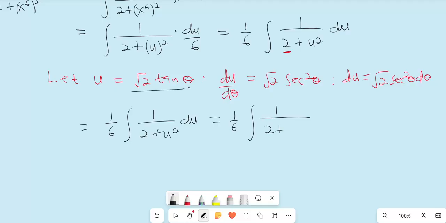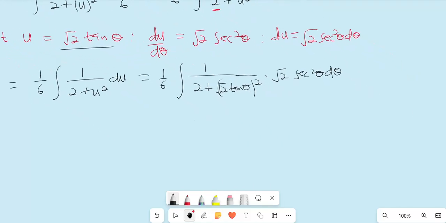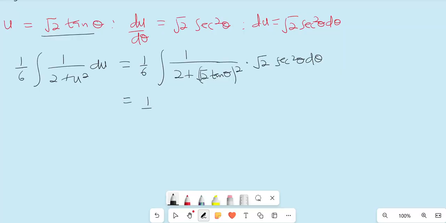What is u? u is square root of 2 tan theta squared times du. du is the square root of 2 secant square theta d theta. So that becomes 1/6 integral of 1 over 2 plus square root of 2 squared, so that's 2 tan theta squared, is 2 tan square theta, times the square root of 2 times the secant square theta d theta.